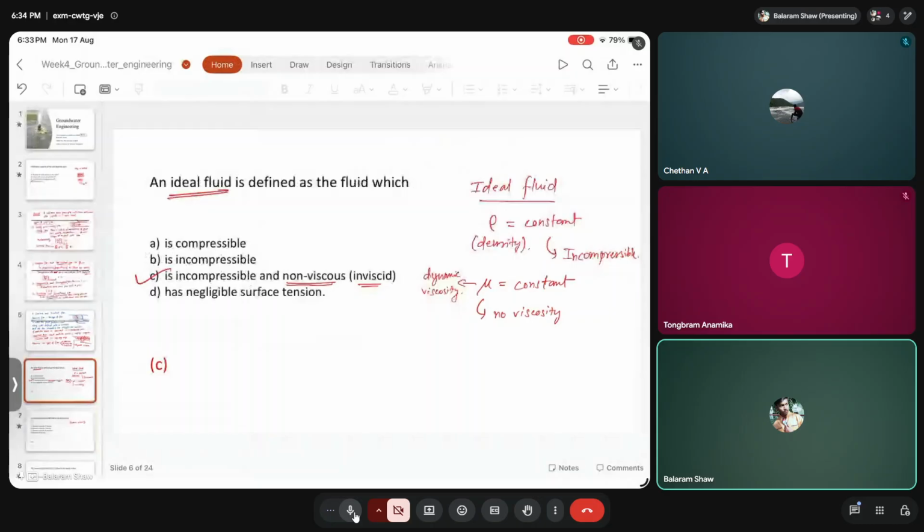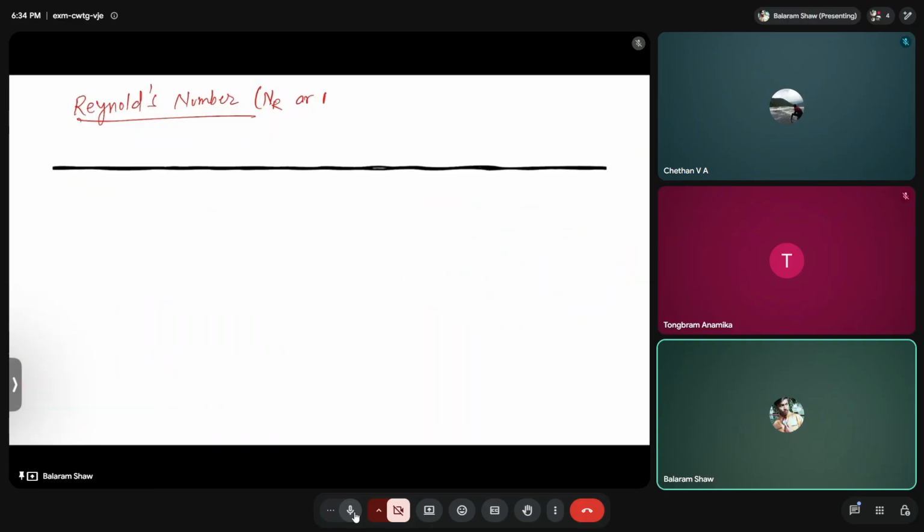As I mentioned in the last explanation, if you want to understand the relative importance of viscous force in any fluid condition, we use the Reynolds number. In some books it's written as N_R, R_C, or Re.